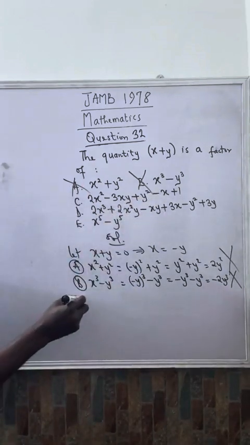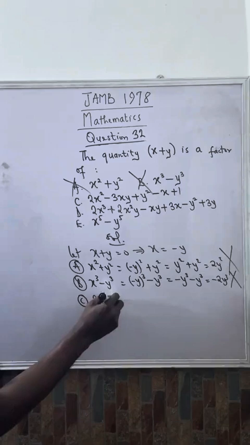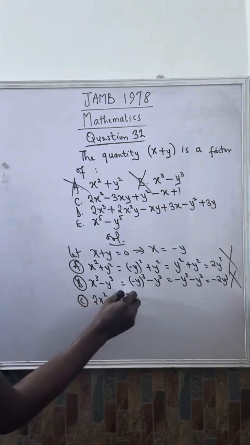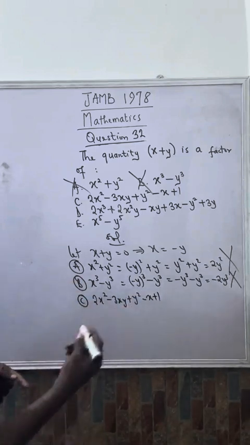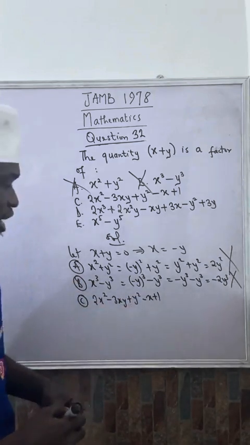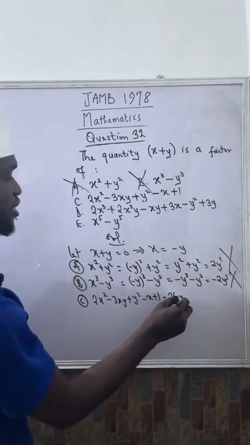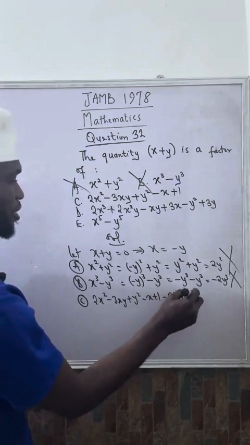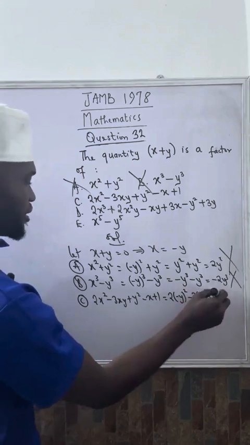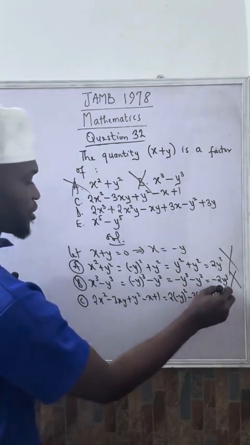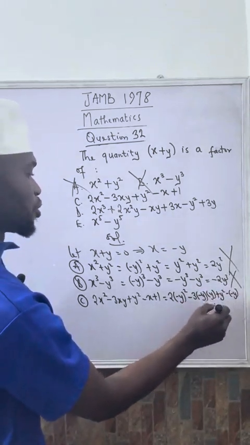Let's go for C now. So here we have 2x squared minus 3xy plus y squared minus x plus 1. Let's substitute. Anywhere we see x, let's put negative y. So I will have 2 bracket negative y squared minus 3 bracket negative y times y plus y squared minus negative y plus 1.